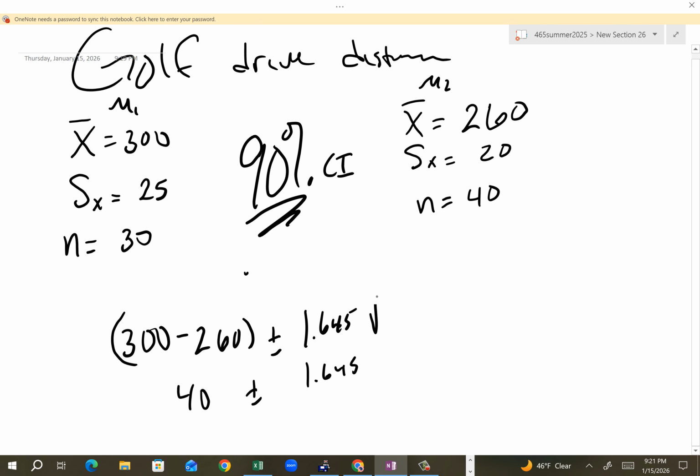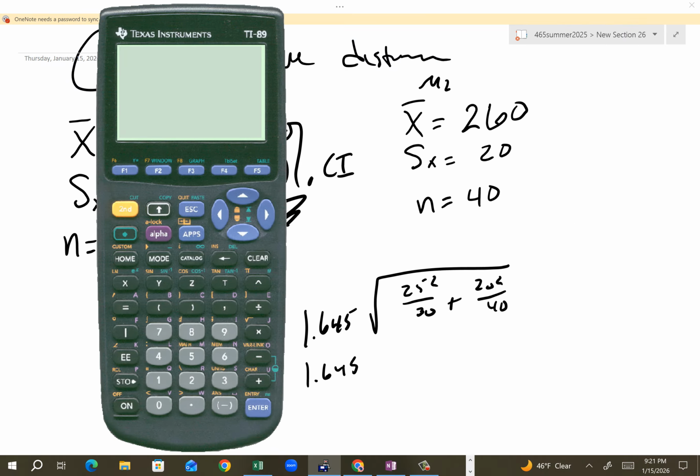1.645 times the square root of 25 squared over 30 plus 20 squared over 40. Need a calculator for that.